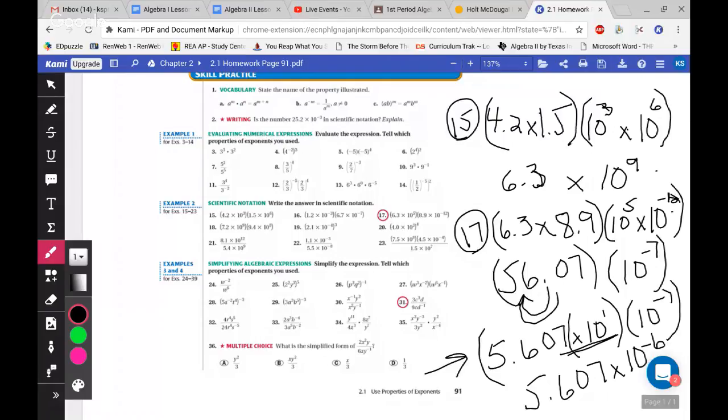So technically, I guess you'd say I'm almost dividing, but what I'm doing is showing that 56.07 is the same thing as 5.607 times 10 to the first. And then I'm taking this 10 to the first and adding it here, which gives me 1 plus -7. So my final answer then is 5.607 times 10 to the sixth. Does that make sense?